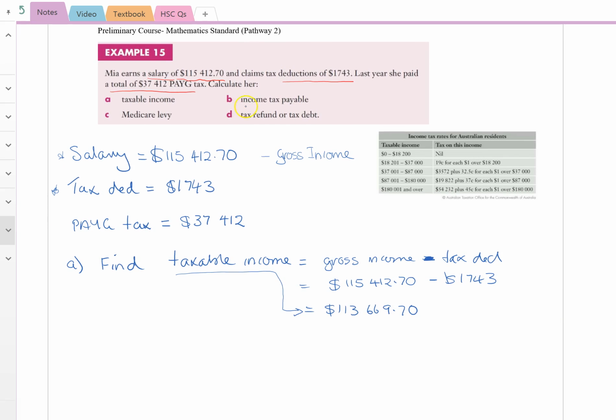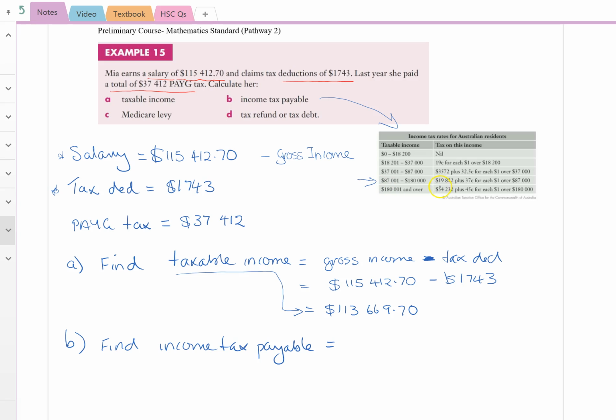So moving on, B, it's again no surprise that B says find her income tax payable. Just the income tax. Where do we get that from? We get that from the table. So her taxable income is in the bracket 113, which puts us on this row.